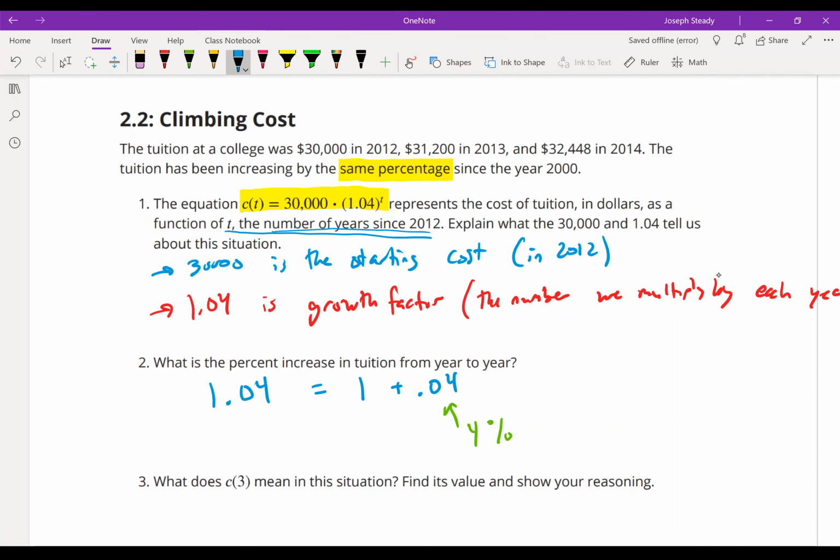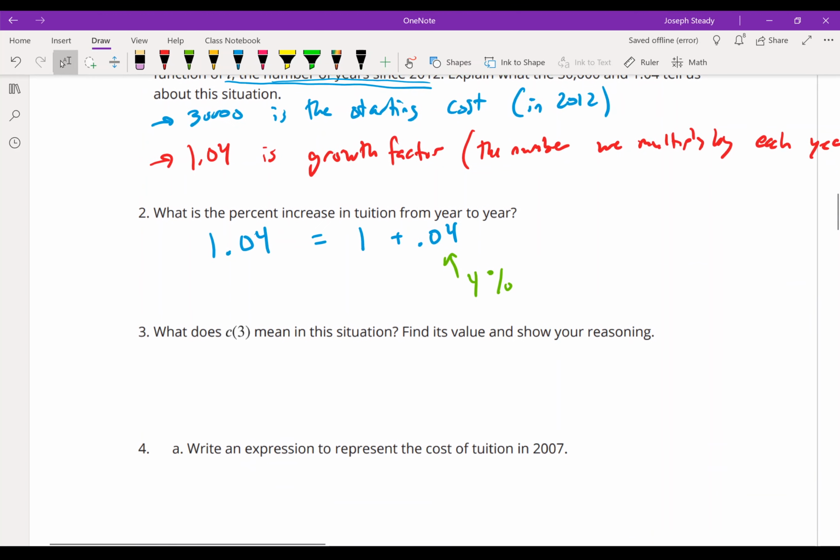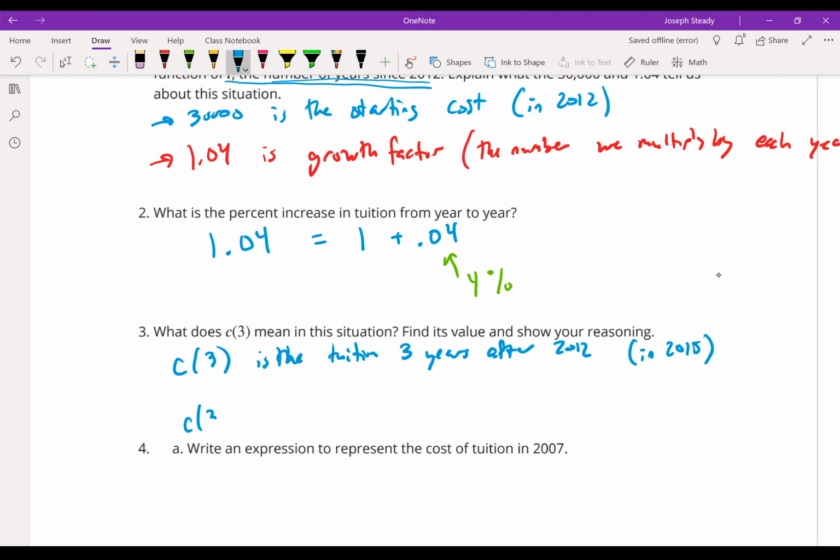So C of 3 means it has been 3 years, and specifically it is the tuition 3 years after 2012, which means it's the tuition in 2015. Now let's go ahead and actually find that value. C of 3 equals 30,000 times 1.04 with an exponent of 3.